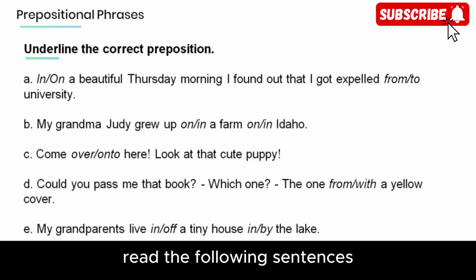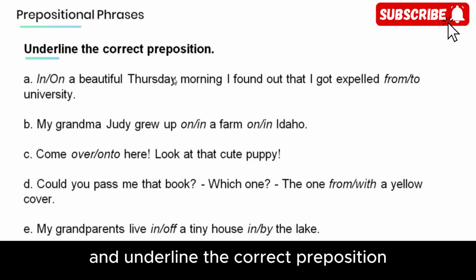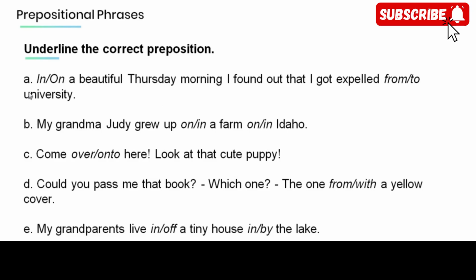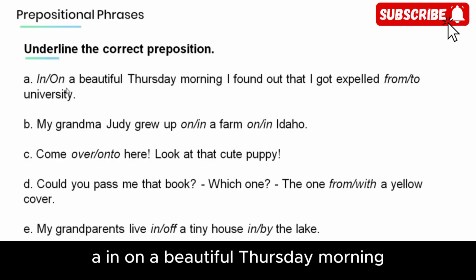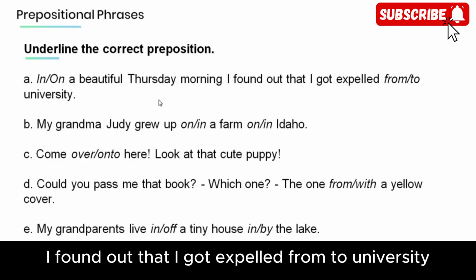And now, time for you to practice on your own. Read the following sentences and underline the correct preposition. A. In, on a beautiful Thursday morning, I found out that I got expelled from to university.